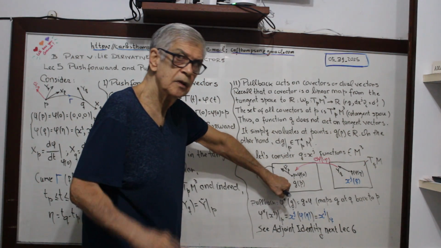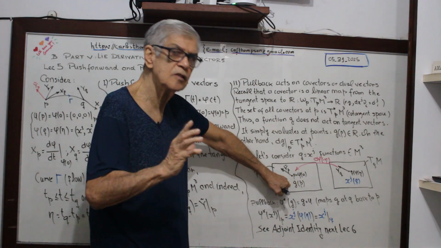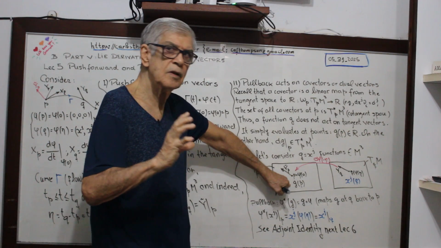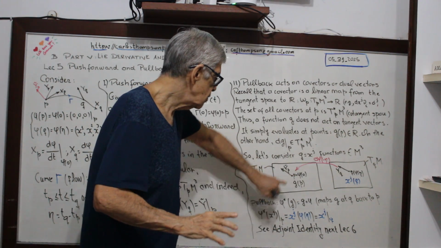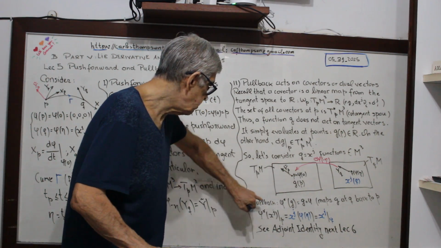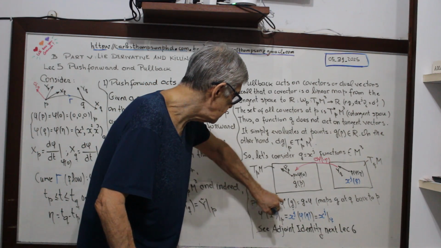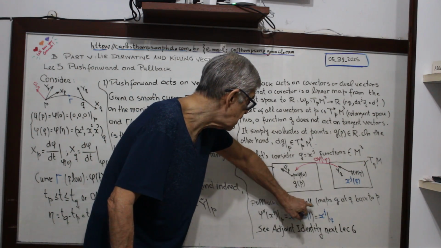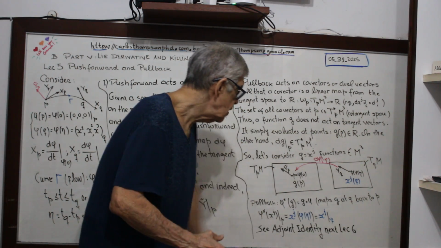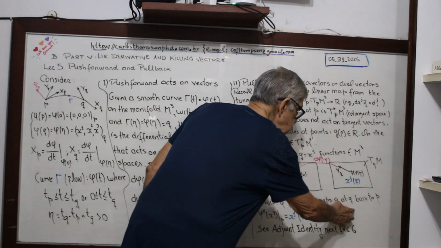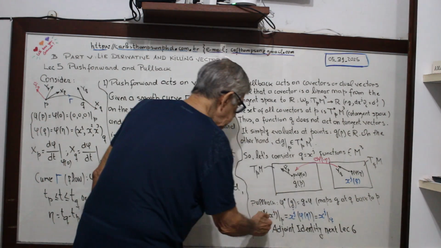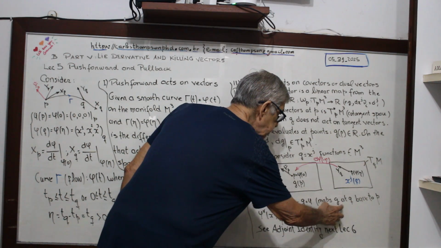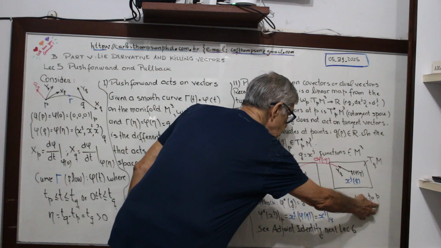And g, again I'm insisting, is a function that belongs to the manifold. Then the pullback, by definition, acts on g and maps g at q back to p.